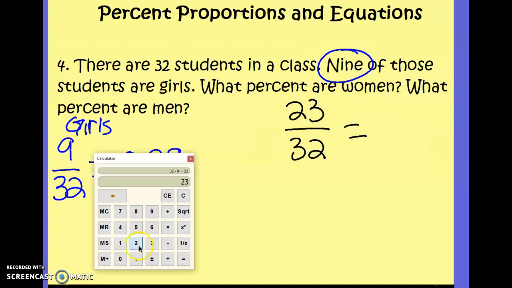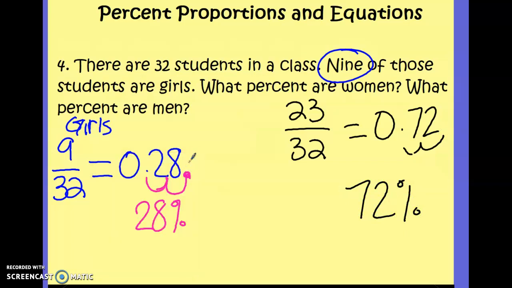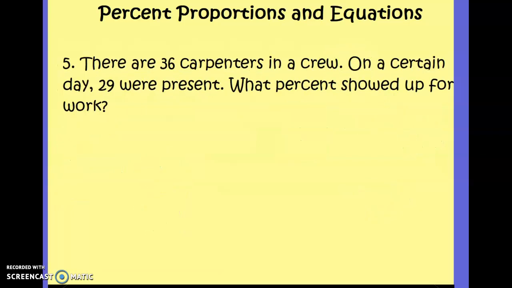We divide that out, 23 out of 32. I'm going to round to my nearest tenths place. So I've got 0.718, which I'm going to round to 0.72, 72 hundredths, which when we move our decimal, 1, 2, becomes 72%. So we have 28% girls and 72% boys.